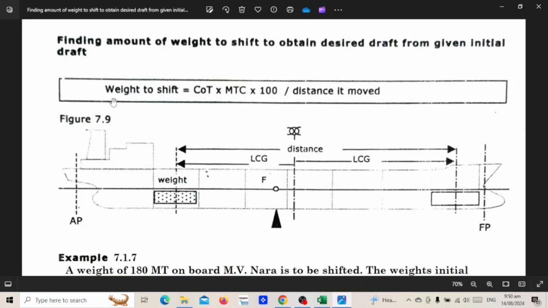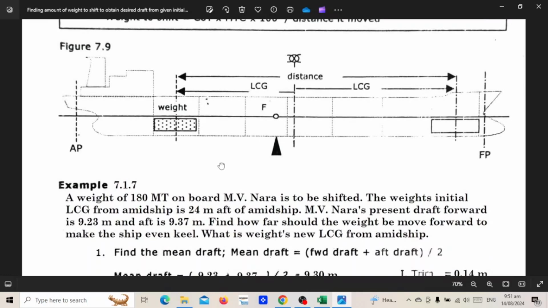This formula, guys, is very important to note or to use when we ship cargoes in our vessel for manual computation. So just remember this formula and learn it by heart. Okay, so we go on to the problem.